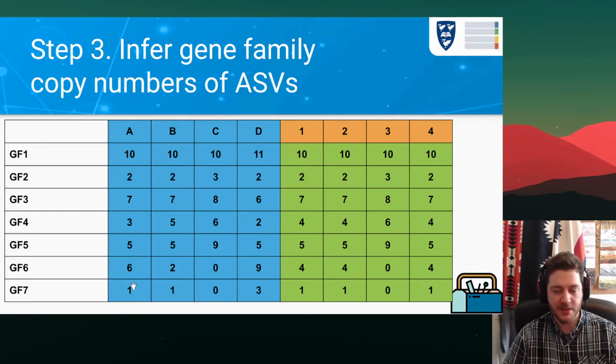We have the abundances that these are present within each of our reference sequences. So reference genome A has 10 of gene family 1, abundance of 2 for gene family 2, abundance of 7 for gene family 3, etc. And then we infer our gene family abundances per ASV based on the similarity of our ASVs to the reference genomes. So now we have our nice inferred gene family copy numbers of ASVs.